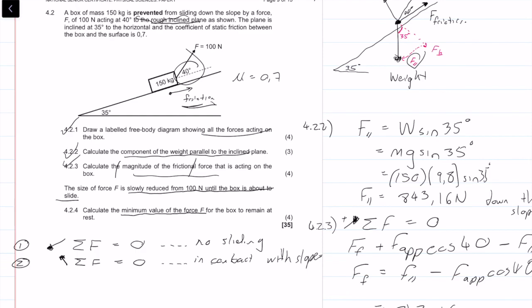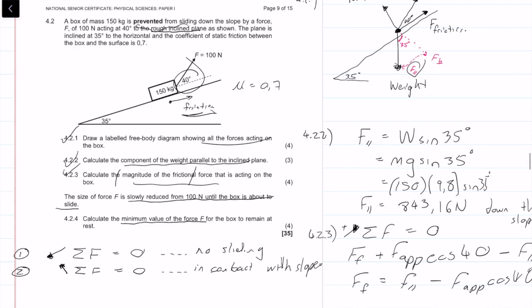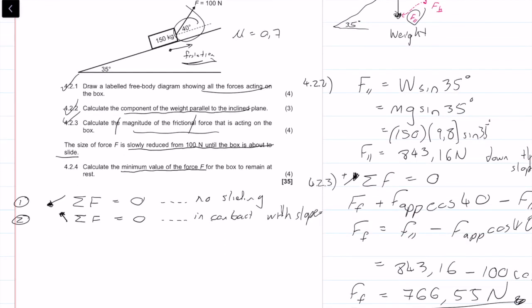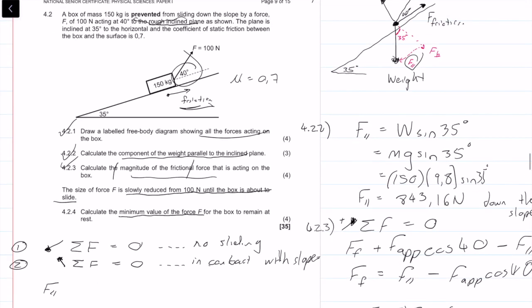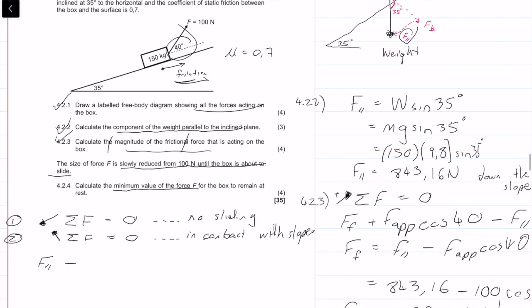Okay, cool. So first we worried about down the slope. The forces acting down the slope is this F parallel. So let's take F parallel, minus, what do we have?